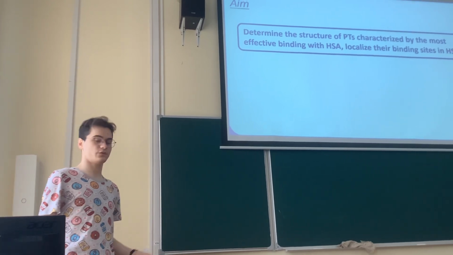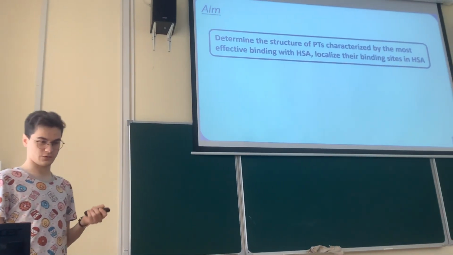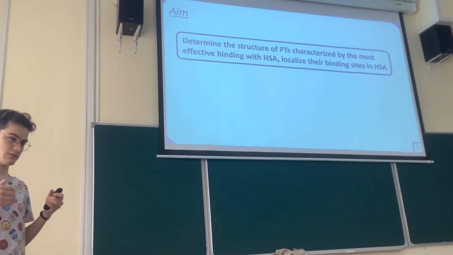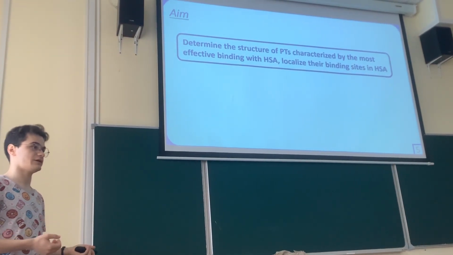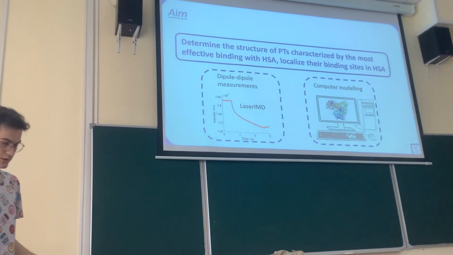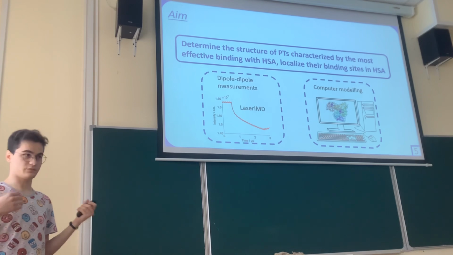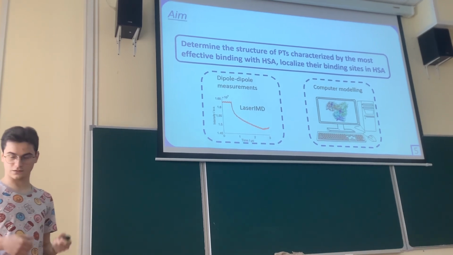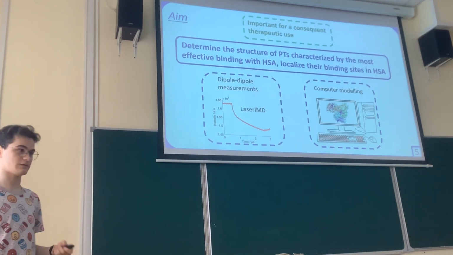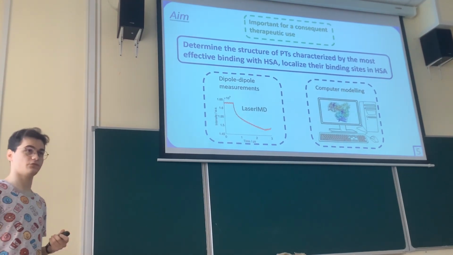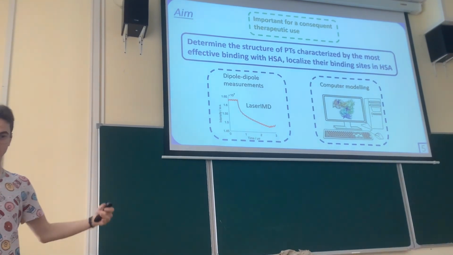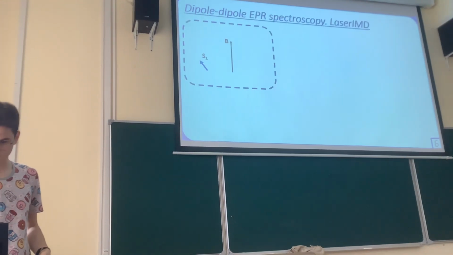The aim of my work was to determine the structure of PSs that bind with HSA most effectively, and then to determine their binding sites. To do that, dipole-dipole experiments and computer modeling were implemented, and the obtained data is crucial for the further therapeutic use of these compounds.